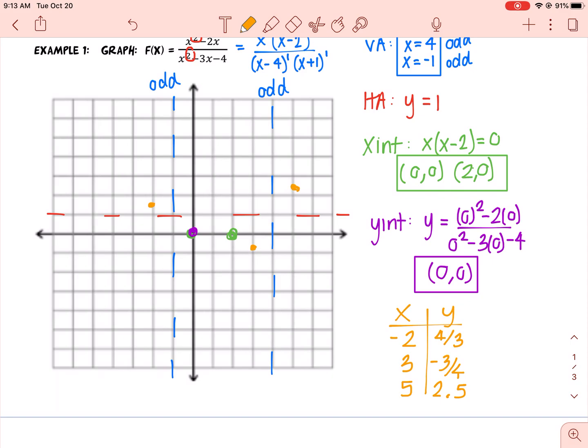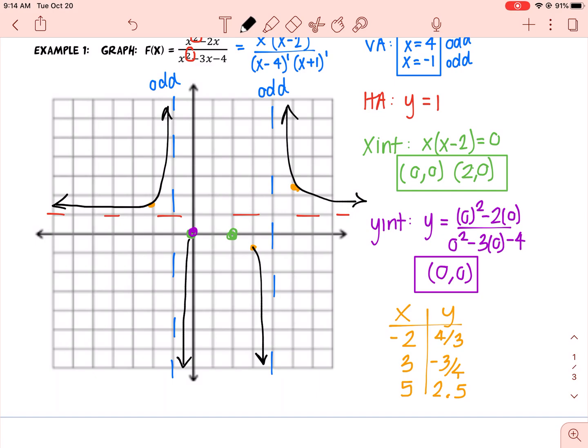Okay, so looking at this, I'm getting the idea that my graph is going to go like this, and this one will also go up, which means both of these asymptotes here need to approach going down because it's an odd power. They have to go the opposite direction.